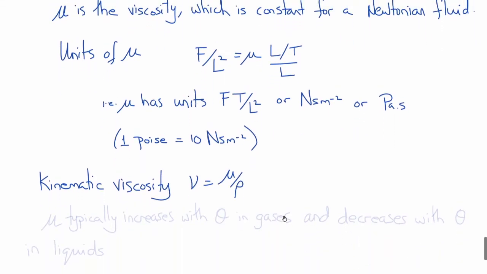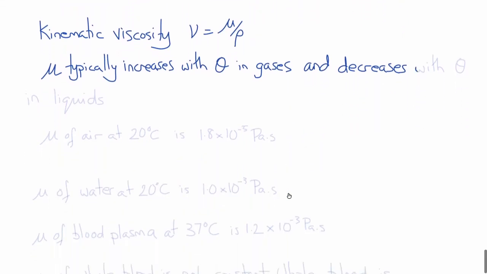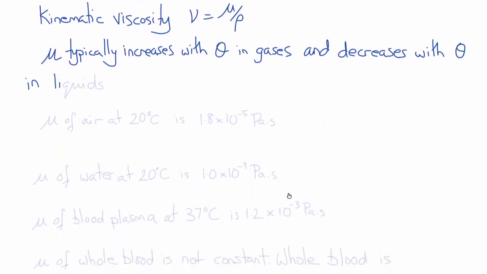We'll also sometimes see the term kinematic viscosity. The kinematic viscosity nu is defined as mu, the viscosity, divided by rho, the density. Now, viscosity typically increases with temperature in gases and decreases with temperature in liquids. As a few examples, the viscosity of air at 20 degrees Celsius is 1.8 by 10 to the minus 5 Pascal seconds.